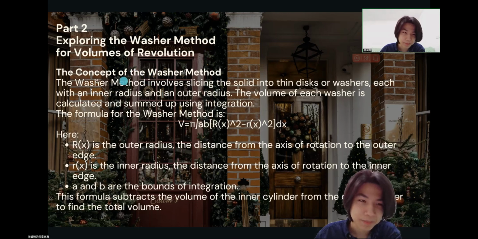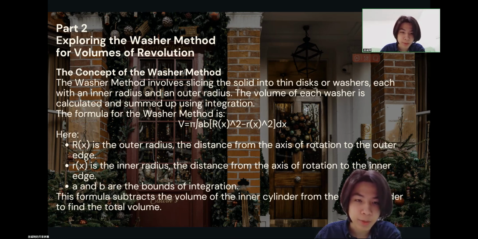Okay. The concept of the washer method. The washer method slices the solid into thin discs or washers. Each washer has an outer radius and an inner radius. The total volume is found by summing up the volume of these washers using integration.